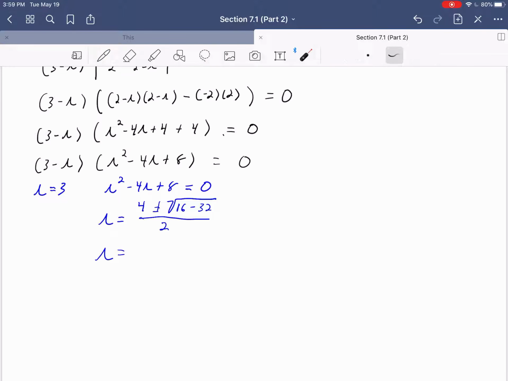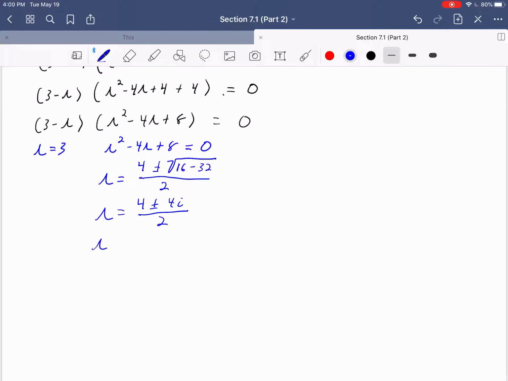And we should be able to see here that this is actually going to be our computational example of a complex eigenvalue, because this right here is going to give us a complex value. So this is going to be 4 plus or minus the square root of negative 16. The square root of negative 16 is going to be 4i, divided by 2. And then we can divide that 2 in, and it looks like we get 2 plus or minus 2i.